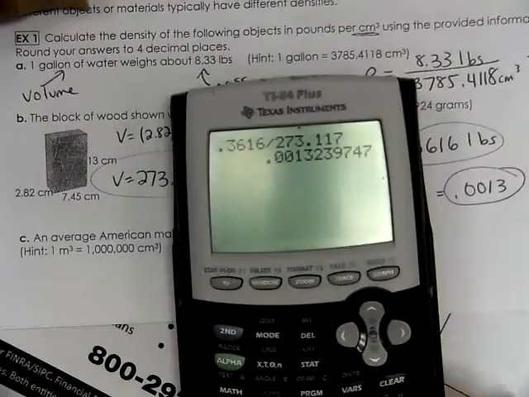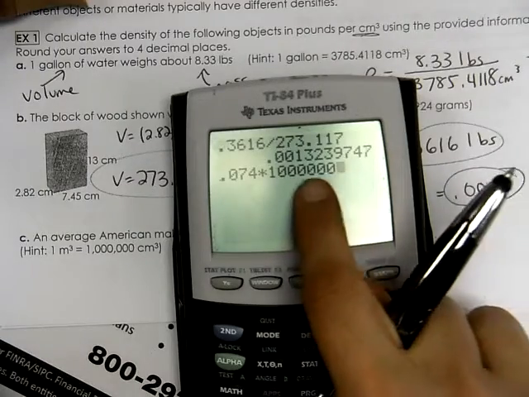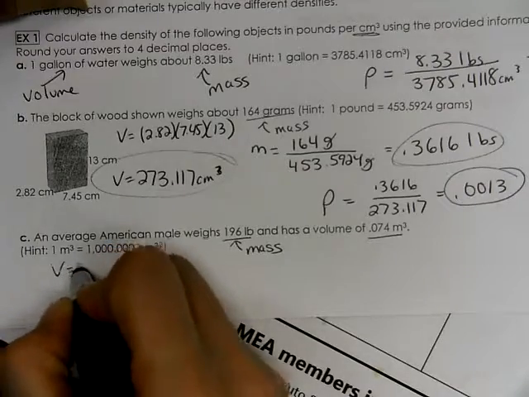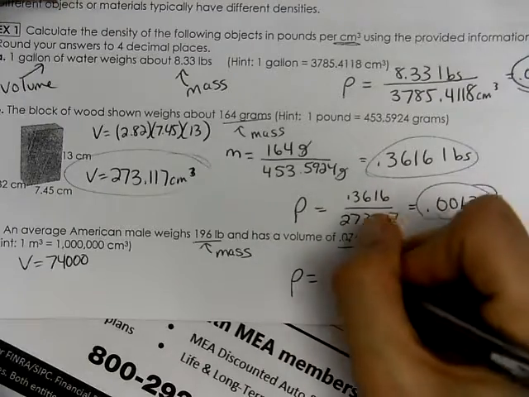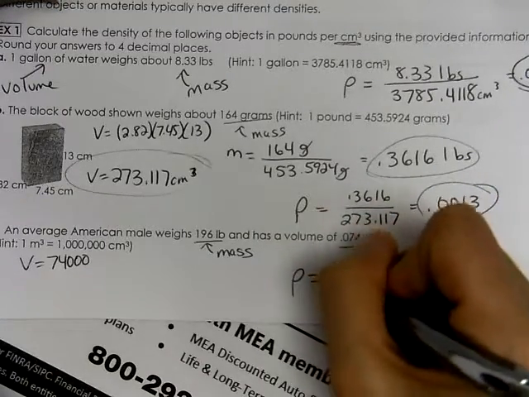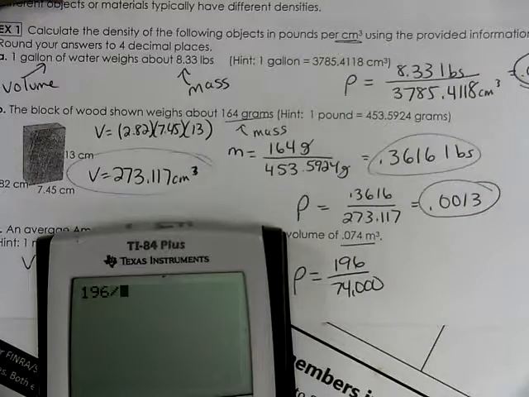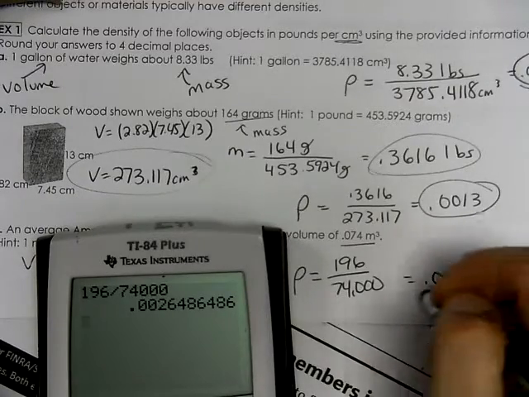So 0.074 times a million. It's really hard to see that in the calculator. So the volume is 74,000. Which we figured out yesterday, our crash test dummy was like 80. So maybe he's short. His density is 196 divided by 74,000. So 0.0026.